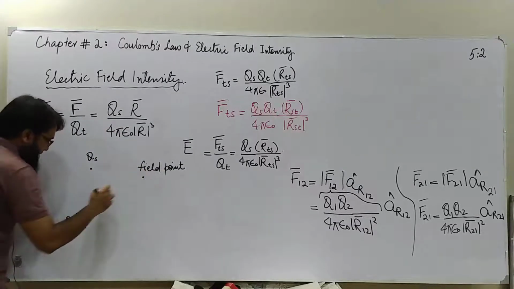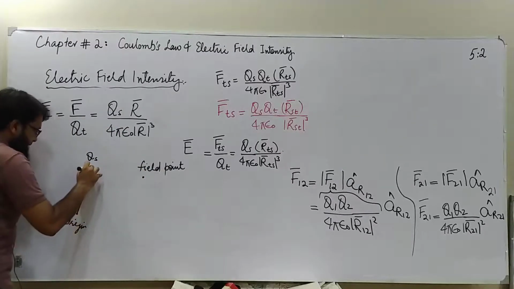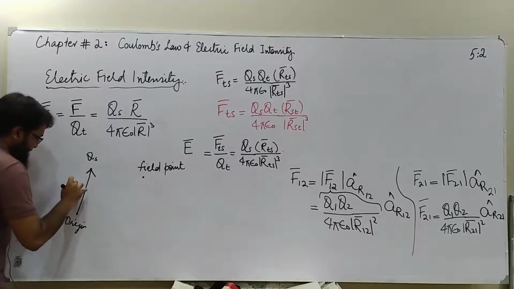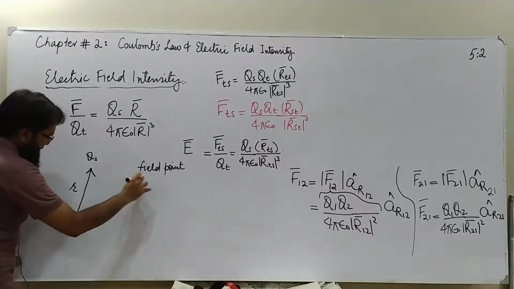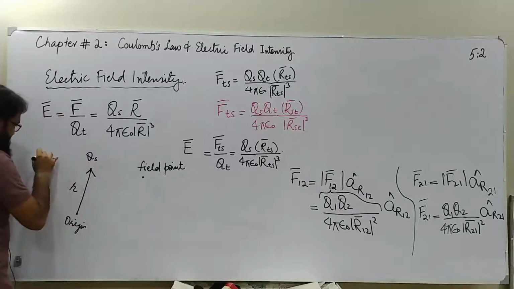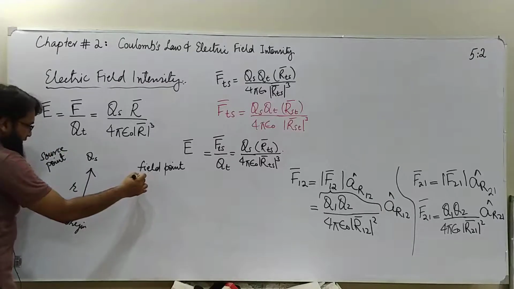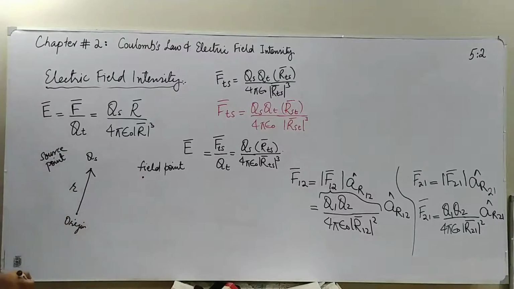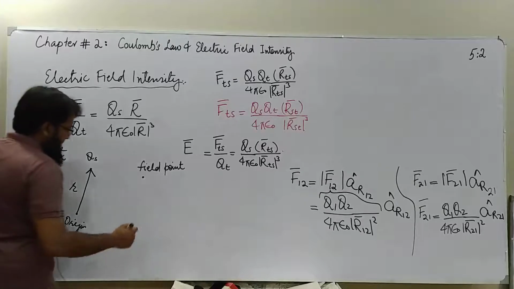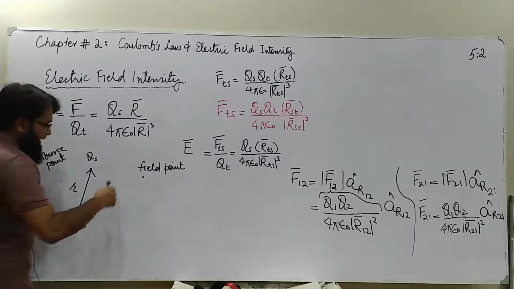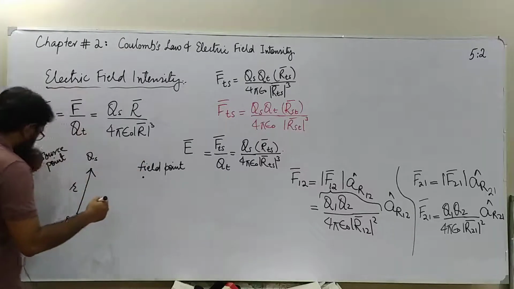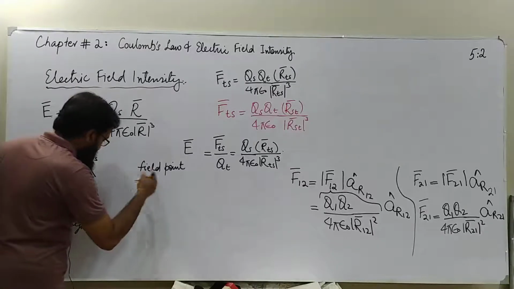So in order to find that electric field intensity, what we need is the distance between the source point, this is the source point where the source is located, and the field point where we want to find out the field, or where we have placed +1 Coulomb charge, and where now we want to find the force experienced by that judge charge.